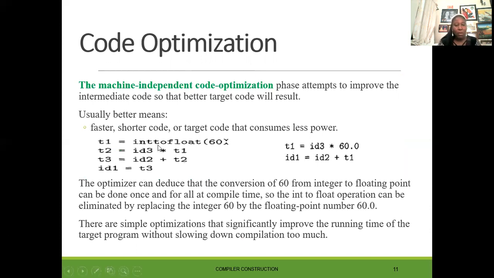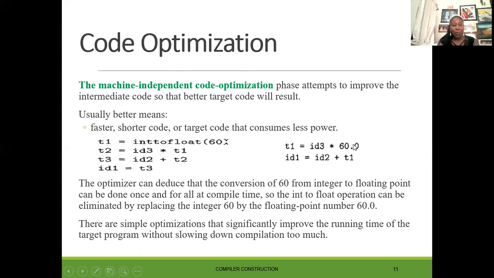Remember this code, okay? So we had 4 lines of code representing what we actually had in this, but we try to reduce this to 2. So instead of converting this integer into floats, why don't we just put the floating point representation, which is 60.0, sorry. So that is represented here.